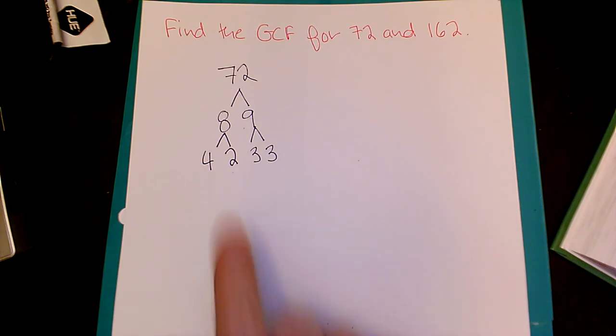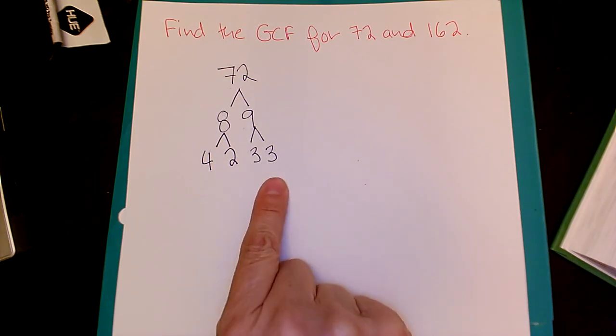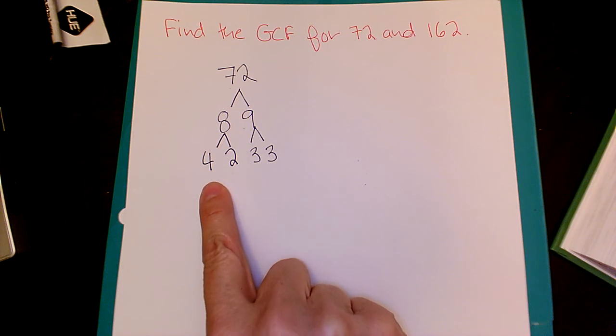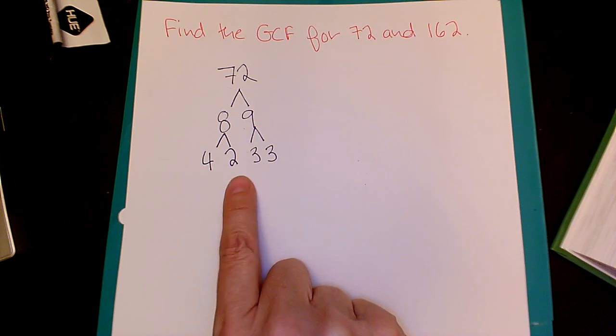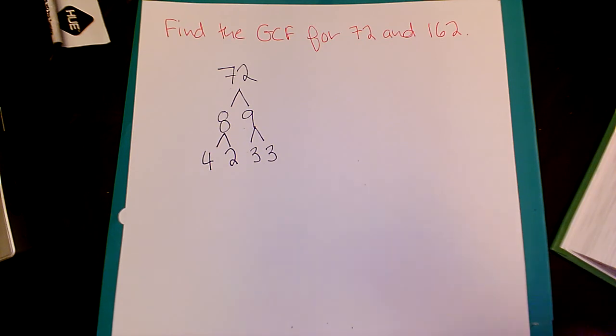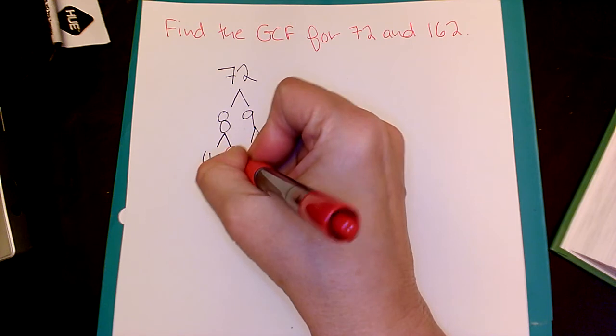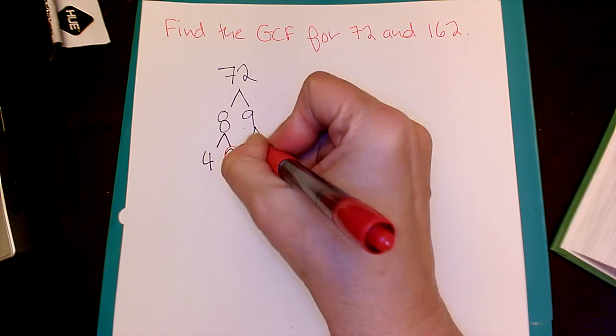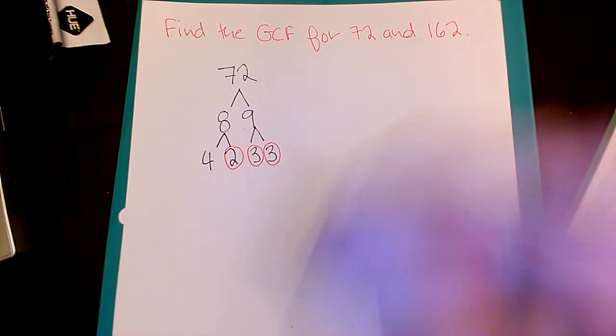Okay, let's see, are any of these numbers prime? Is 4 prime? Is there anything else that can go into 4? And I think there is, so I'm not going to circle it, but I know 2 is prime, and 3 is prime, and another 3 is prime.